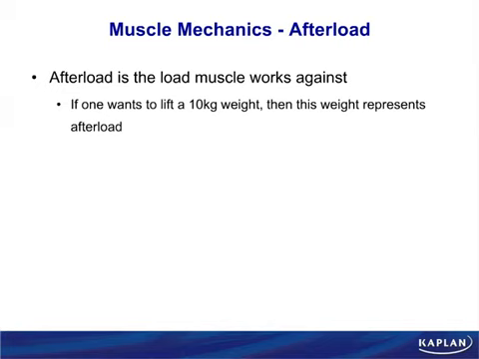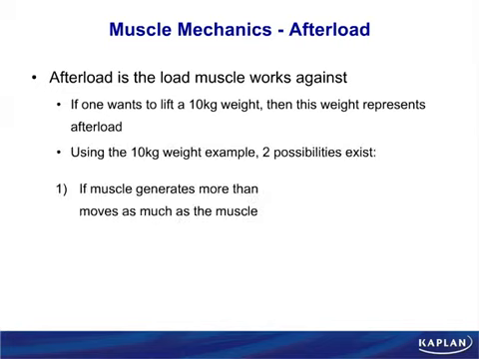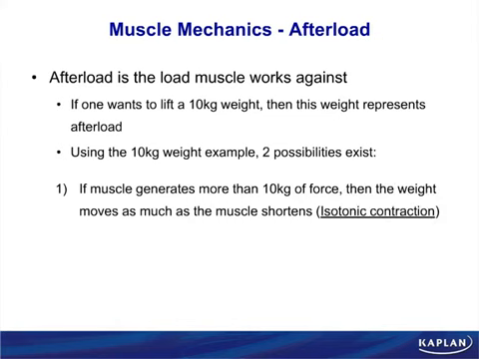All right, utilizing this 10-kilo weight as the afterload, there are two possibilities. If I engage that afterload and contract my muscle, and my muscle can generate more than 10 kilos of force, then the weight will move. Imagine taking a 10-kilo dumbbell and moving it towards your face, doing what's called a curl in exercise.